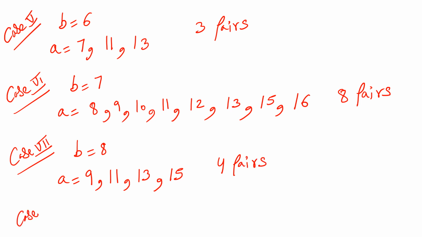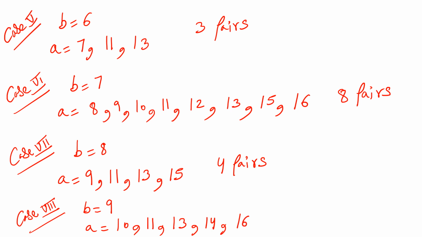And now we discuss the eighth case. In this case, b is equal to 9. And the possible values of a are 10, 11, 13, 14, and 16. So now we have 5 pairs.